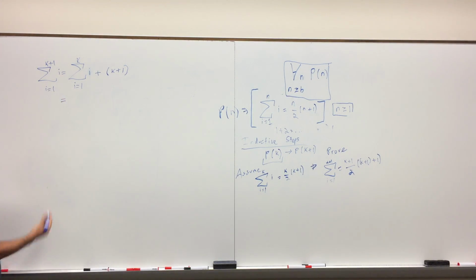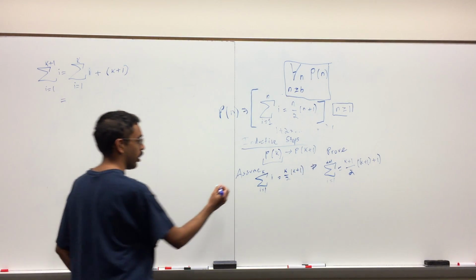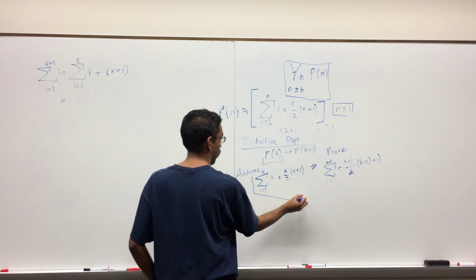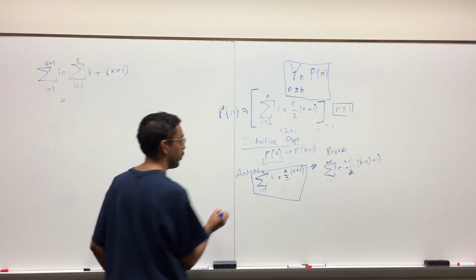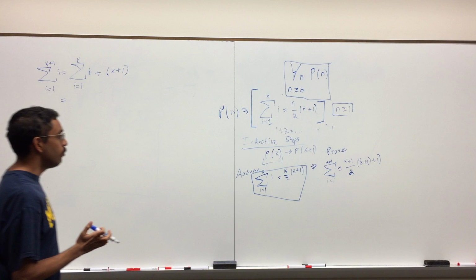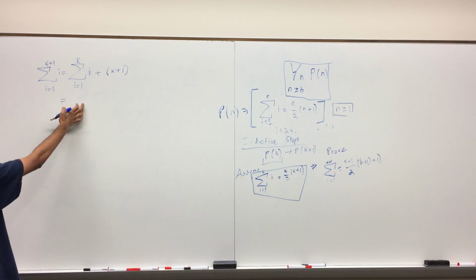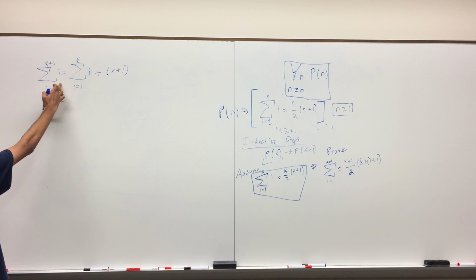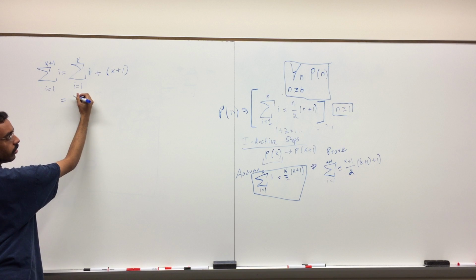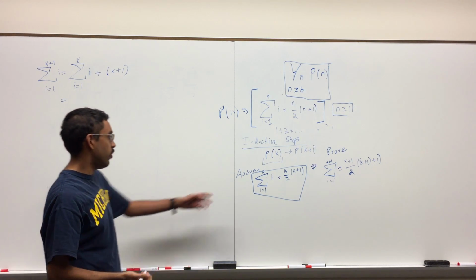Then we utilize our inductive hypothesis, the part that we assume is true, P of k. We can substitute our inductive hypothesis back into this proposition. So we assumed that this was true.